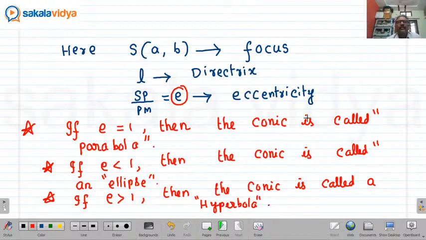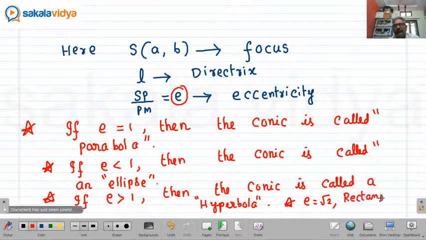One more thing we can remember. For example, if E is equal to root 2, then it is called a rectangular hyperbola.